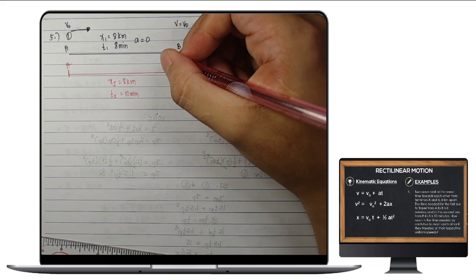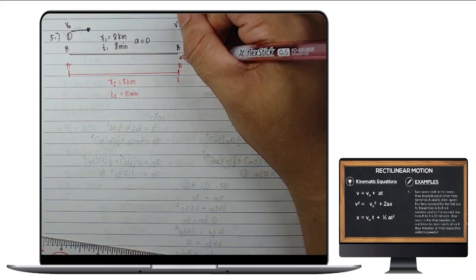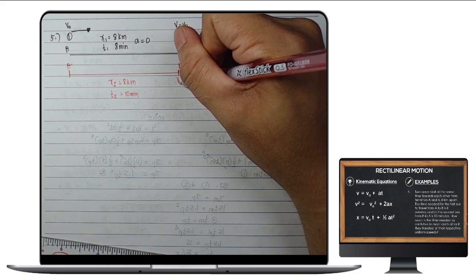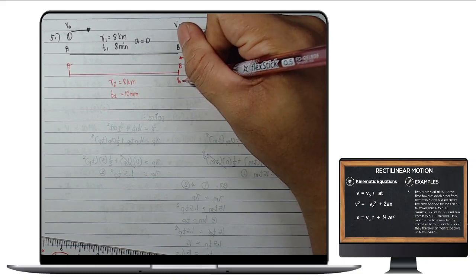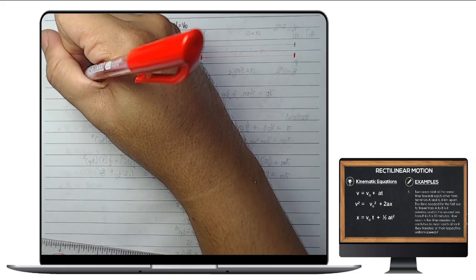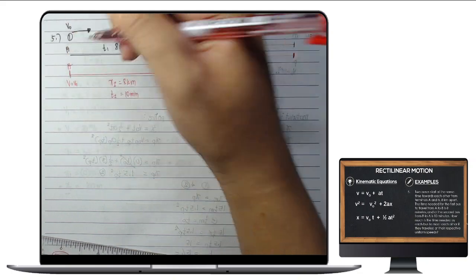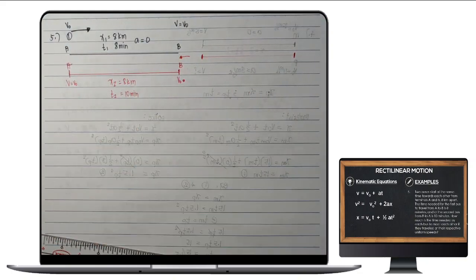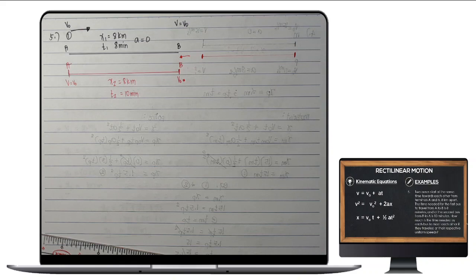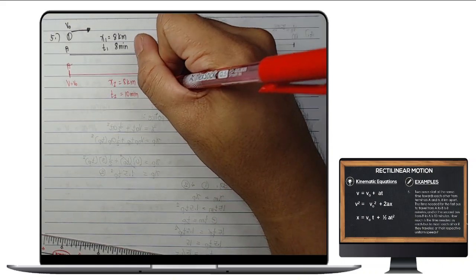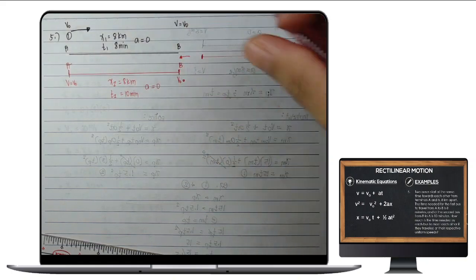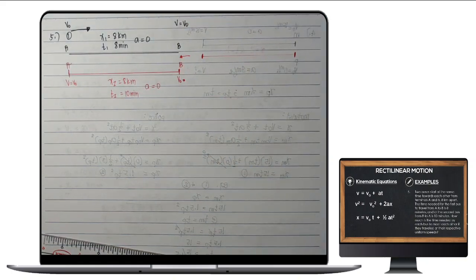So this is the initial point of bus B, and this is the final point. The initial velocity and the final velocity of bus number 2 are the same because, as stated, it runs at a constant speed, so the acceleration again here will be 0.